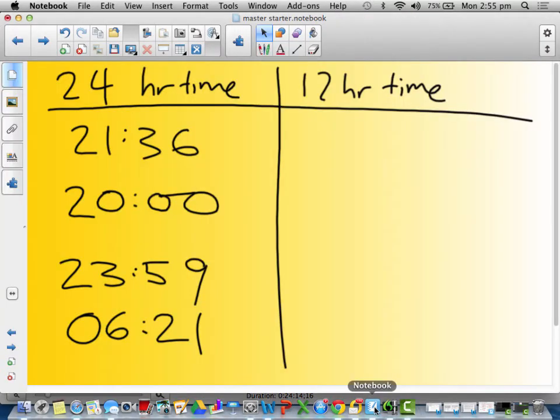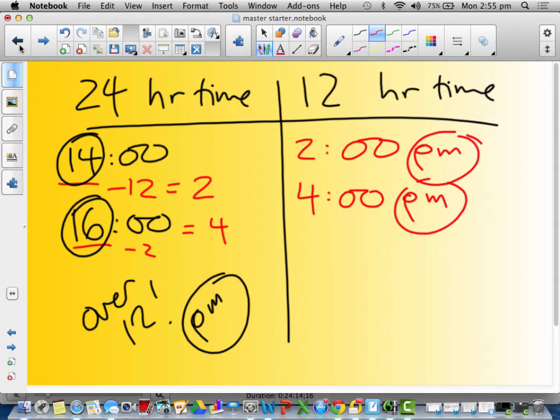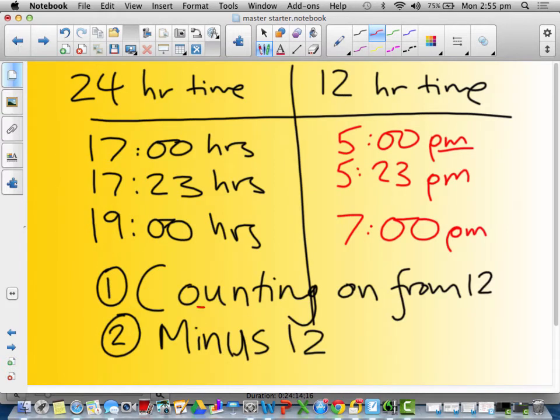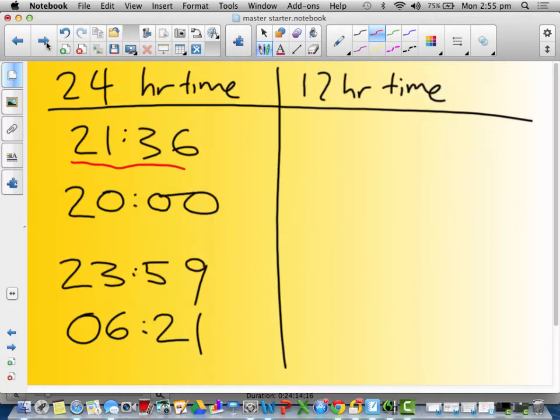So let's have a look at this one over here. We might just do the first one together. You've got 2136 hours. Well, guys, what's that in 12-hour time? So there's two ways to do it, of course. Remember, you can do it by counting on from 12, or you can just do the old minus 12. I wonder which way you're going to do it.